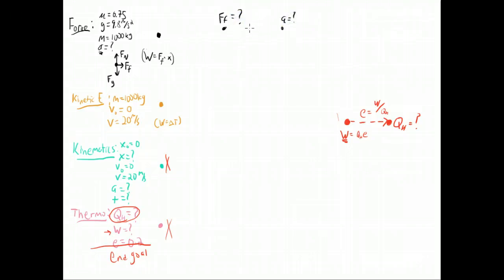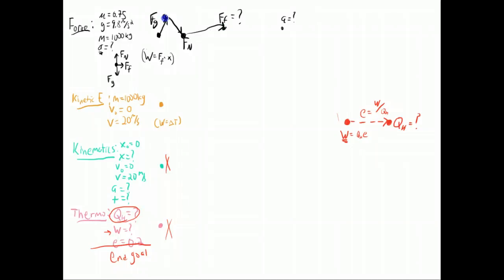So you kind of set little miniature goals for yourself, and how the path plays out could be a little bit different, but here we need to find out what the force of gravity is, and then we need to find out what the normal force is, and then from there we can go to what the force of friction is.